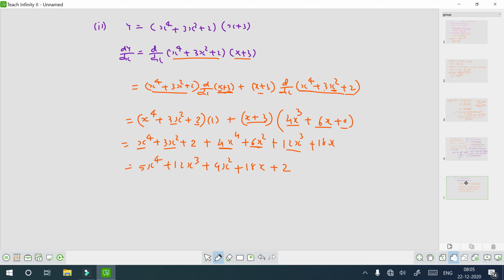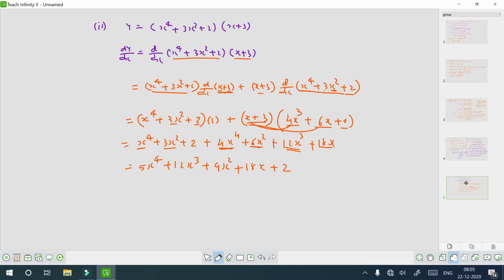See, first of all, x raised to 4 plus 3x square plus 2, 4x raised to 4, 6x square. Then 4 3s are 12x cube plus 18x.